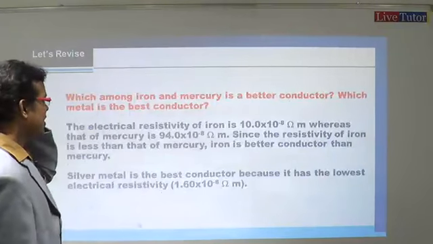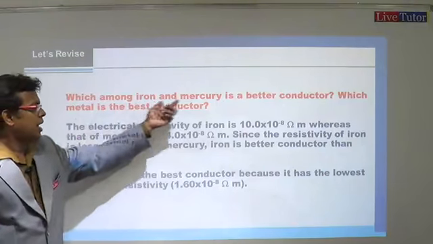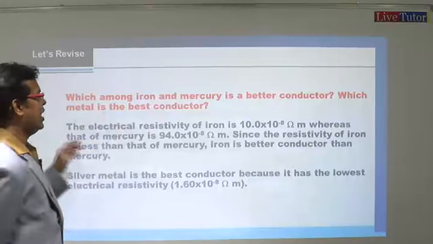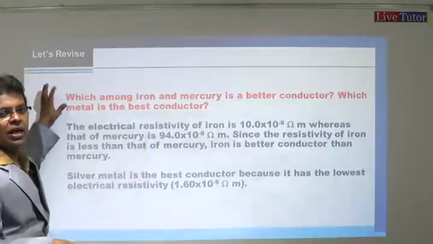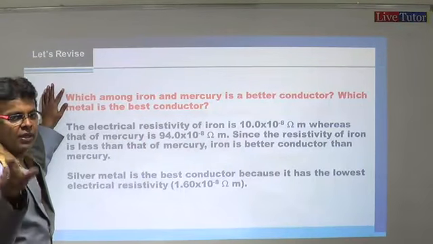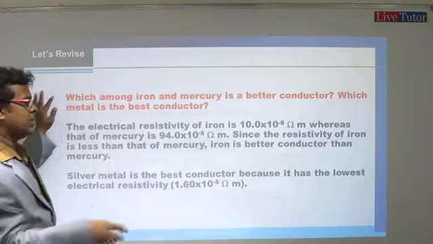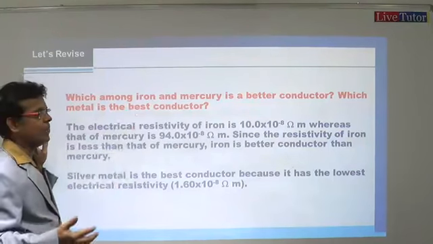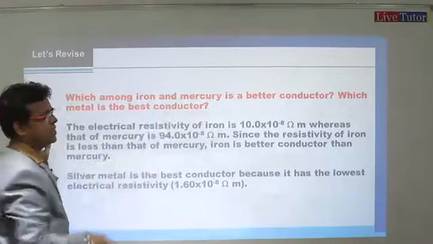The next one is, which among these two, iron and mercury, is a better conductor? Which metal is the best conductor? For this, a tabular column will be given. They will give you the detailed values of resistivity, as given in the textbook, and you can refer to the tabular column. By using it, we can compare whether iron or mercury is a better conductor.